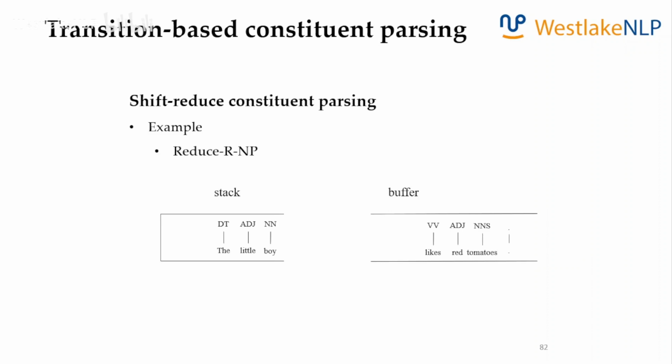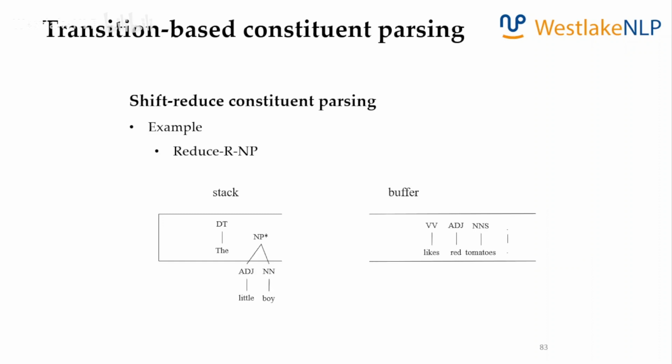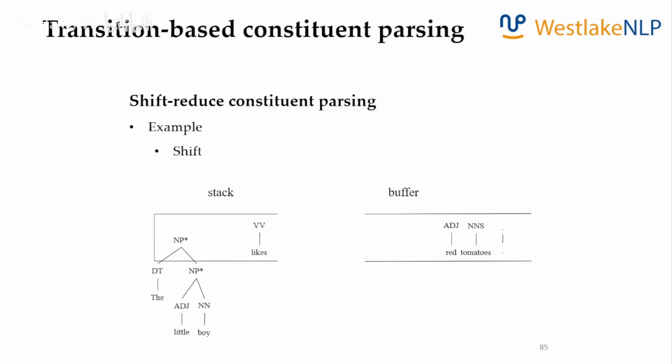And then you do a binary reduce left verb phrase. You take the top 2 nodes, likes and red tomatoes, off the stack, and you make it a verb phrase where the head is on the left. Then you shift period onto the stack. And then you do another reduce left. You make a sentence temporary node.